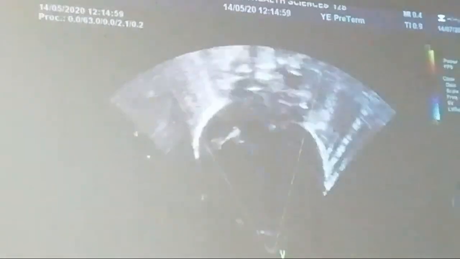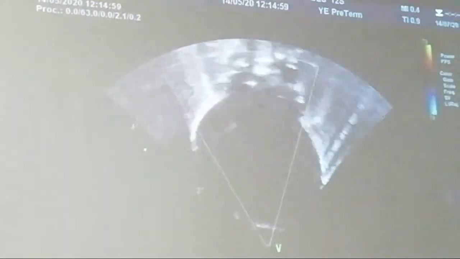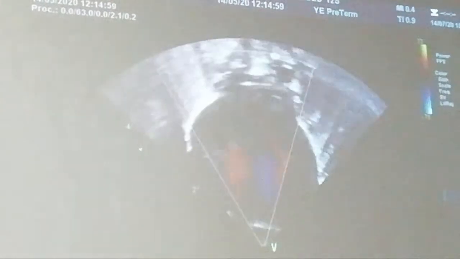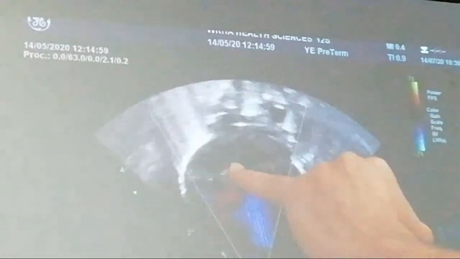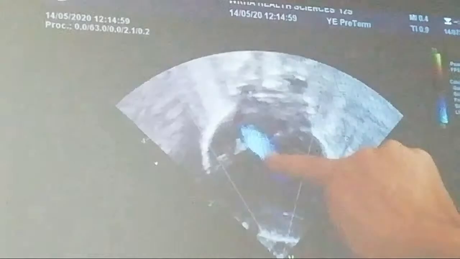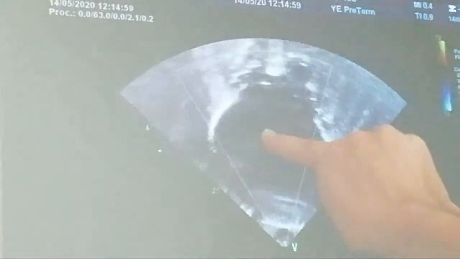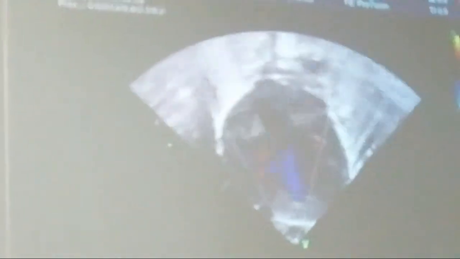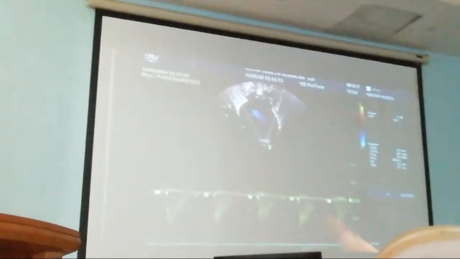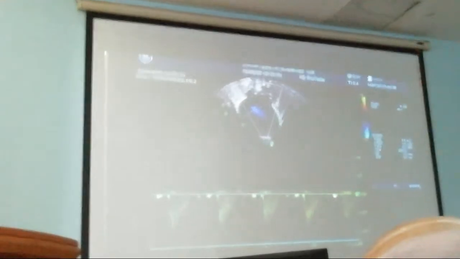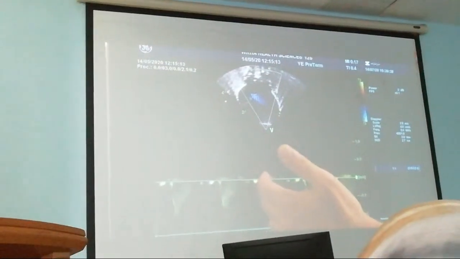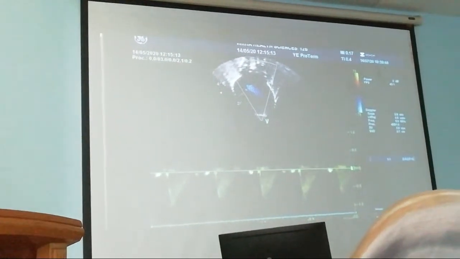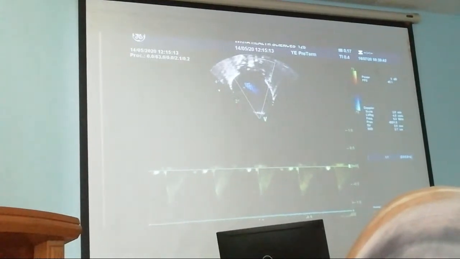And then I just move the probe slightly anterior to bring into view the left ventricular outflow tract. So you can now see the blue flow of the left ventricular outflow, which is the aortic outflow tract. And then by applying the pulsed wave Doppler to the left outflow tract, we can get the envelope which is reflecting the blood flow in the left ventricle.